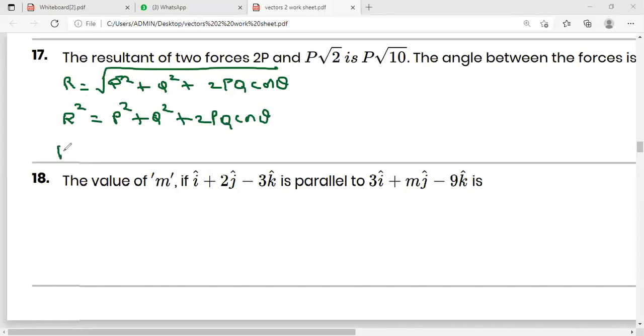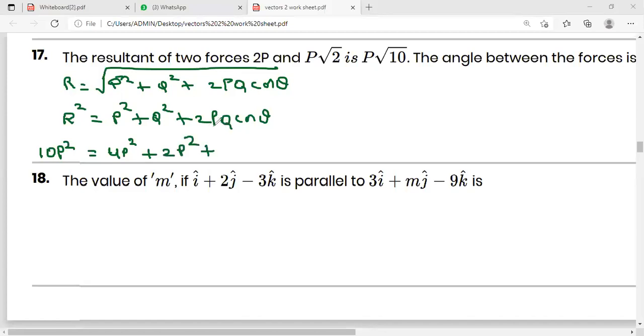R square is 10p square, equal to the first vector 2p, so the first vector square is 4p square. The second vector, p root 2 whole square, means 2p square.